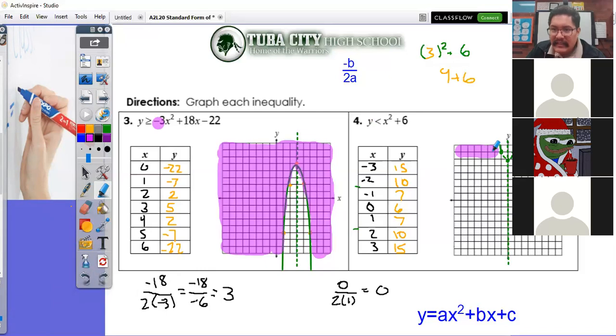So that means we need to shade it downwards. And again, this doesn't really give you much information to tell you if you shade on the inside or the outside of the parabola. It only tells you if you graph the top or the bottom side. So we have a lot more stuff to graph for this one here. And we shade the entire bottom side, which is all of the outside of the parabola.